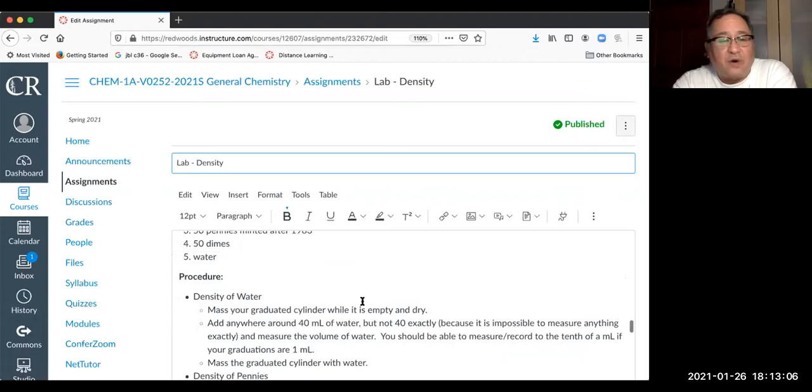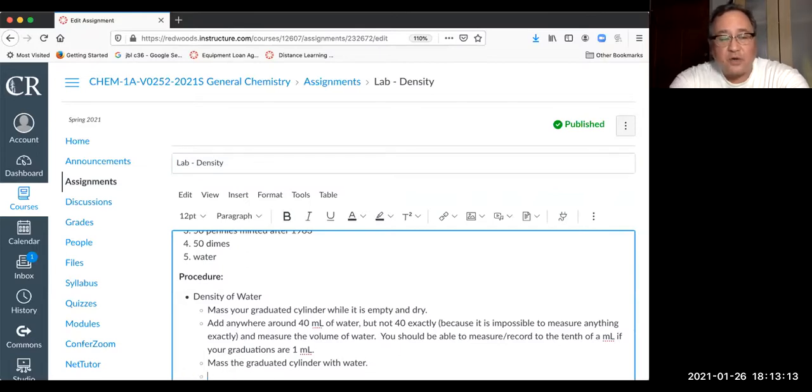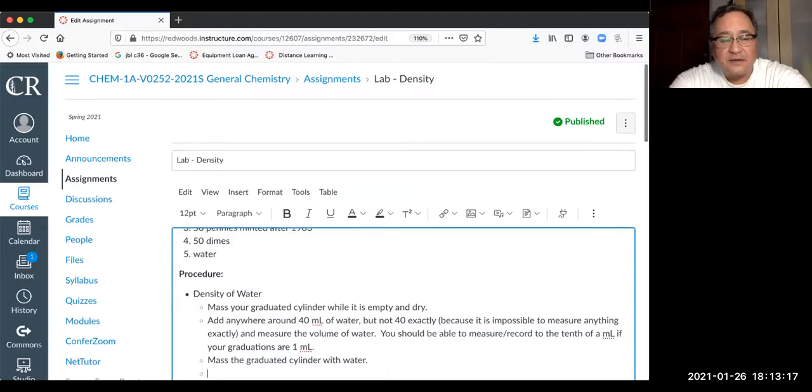Okay, so what was I going to change here? Right here, density of water, mass it, add about, mass the water, and also measure and record the volume.